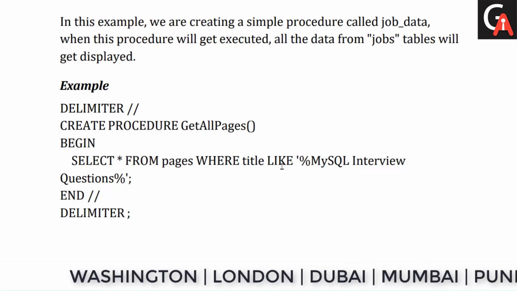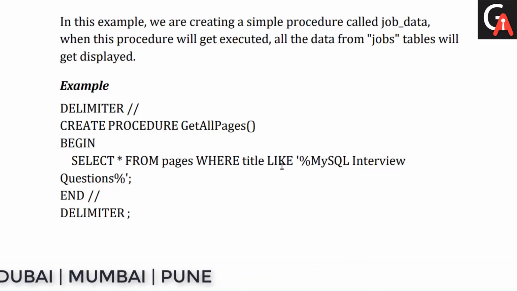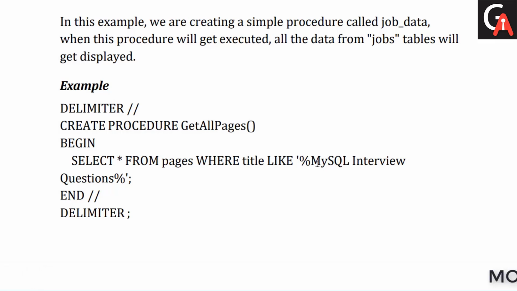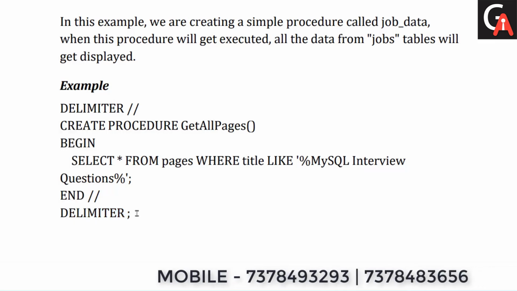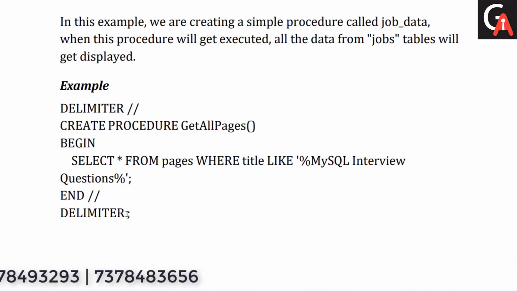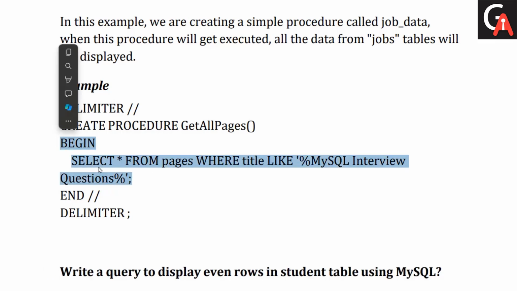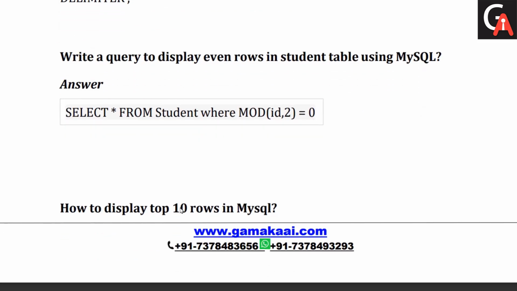Whatever titles we have in the pages table which contain MySQL interview questions as a string will be fetched. Then we will reset our delimiter. So this is my procedure. If I call this procedure now, it will perform this operation and fetch me the result. Clear, guys? Okay, let's move forward with the other question we have.